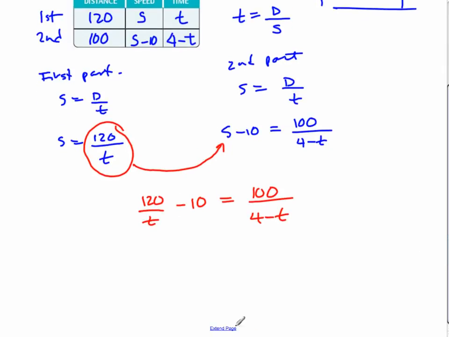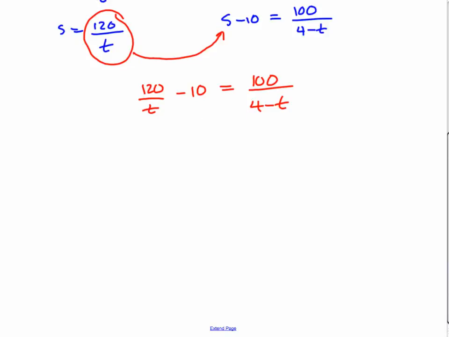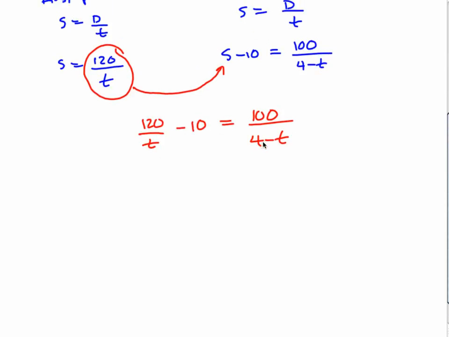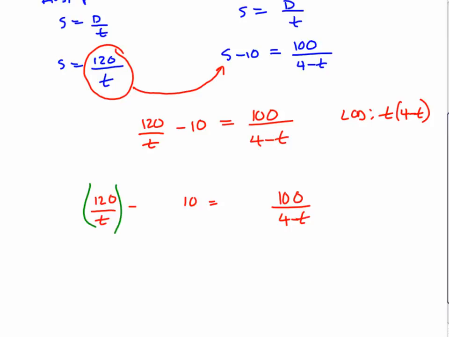Now I've got an equation where I've got fractions. So I need to come up with a lowest common denominator, which would be t times 4 minus t. And I'll multiply each term by that. So I'll take my 120 over t, minus my 10, and my 100 over 4 minus t, and multiply each of those by the lowest common denominator.